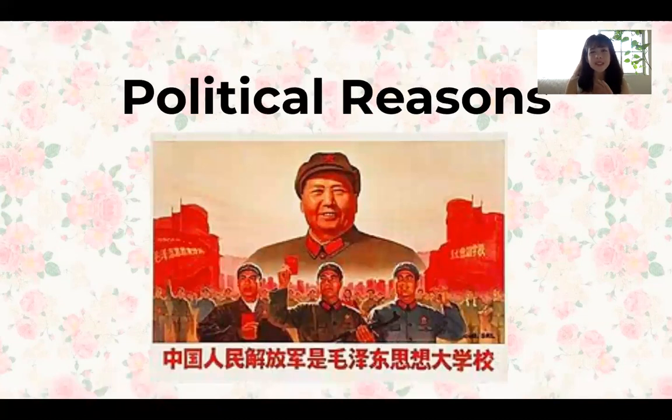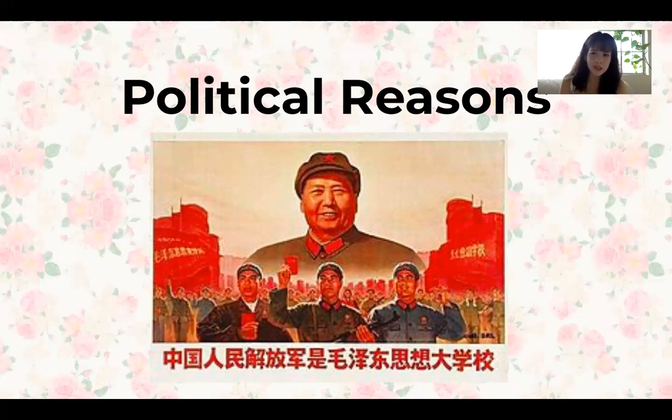And I also wanted to quickly touch on some political reasons why some people dislike the simplified writing system, and they think it's important to use the traditional writing system. So if you don't know, from 1966 to 1976, China was undergoing a communist revolution.